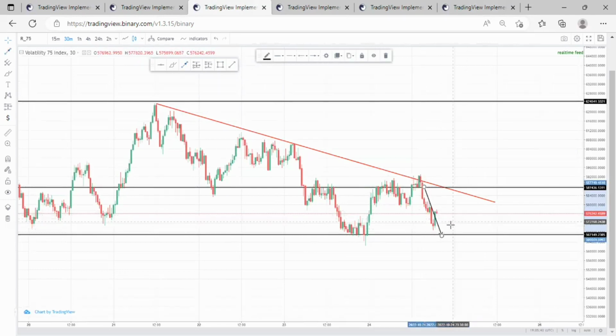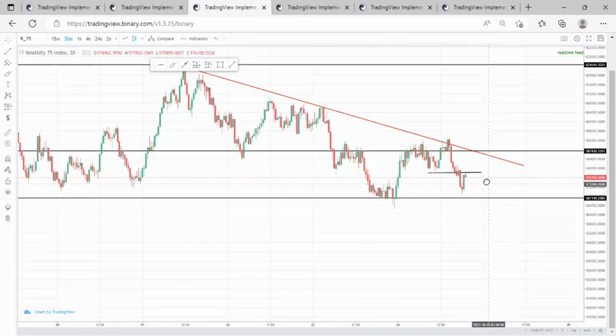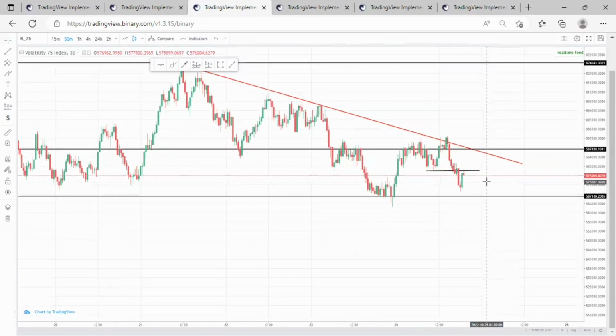Price will be dropping back again because what it's doing now is coming back to retest this level here. I'm expecting price to respect this level before dropping back again to this support line. Sorry, I'm expecting price to drop down to this level again, then maybe even break this level.